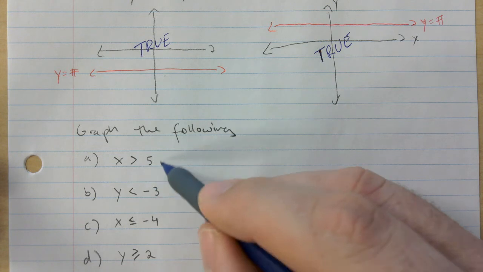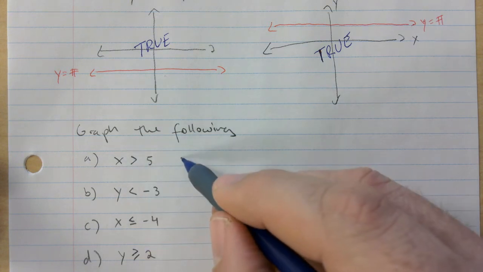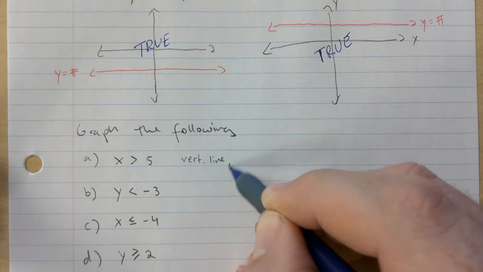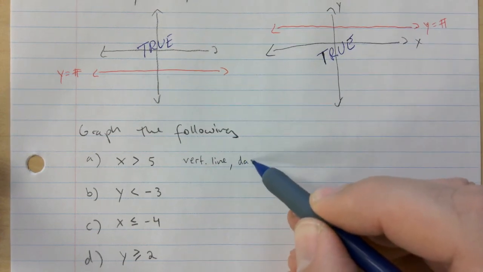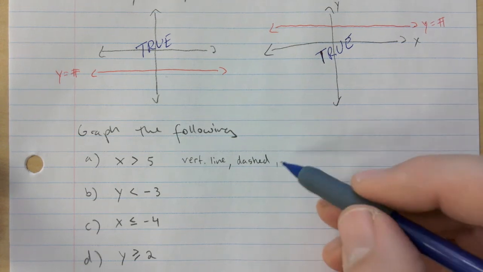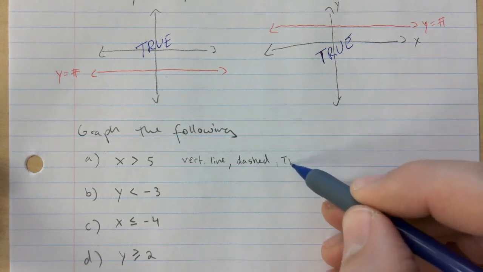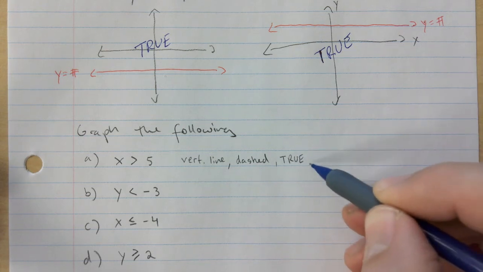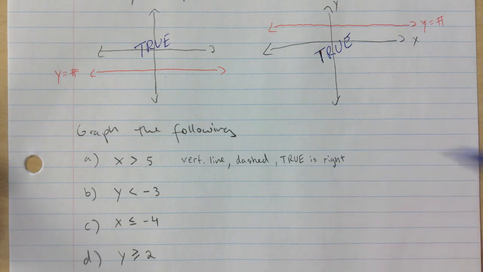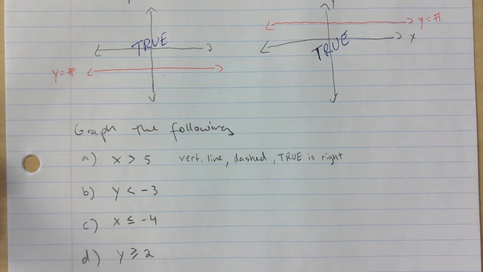If you just look at that, it's a vertical line. We know that it's going to be dashed. And we know true is right, because it's only right or left that you can pick, okay?